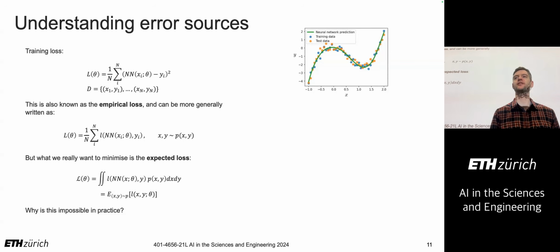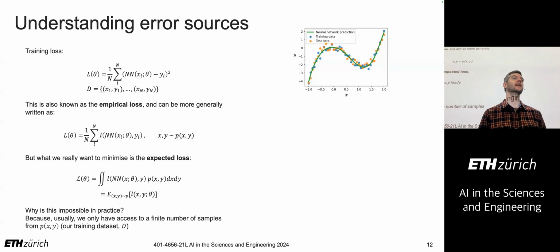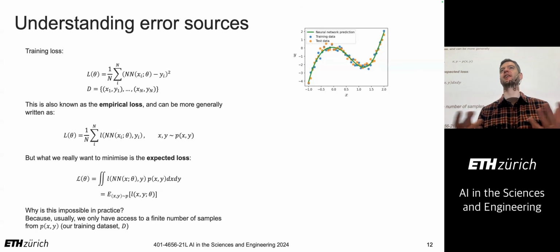Yeah. So this is the main reason actually, most of the time we only have access to a finite number of samples of this distribution. We can't even sample that distribution, let alone compute it. If you think of, for example, natural images, we don't have every possible natural image in the world. We just have a finite set that we're training from.